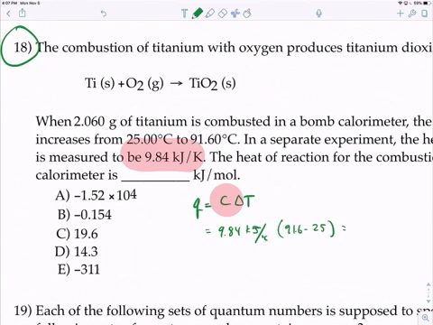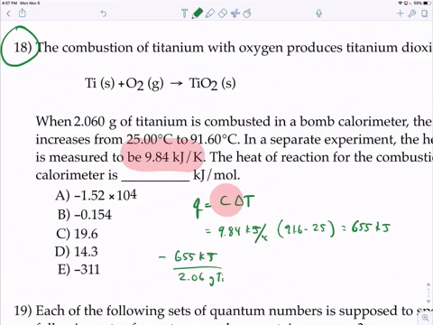So we get our heat flow first: 91.6 minus 25 times 9.84. I'm getting 655 kilojoules. So this is 655 kilojoules per 2.06 grams of titanium, and it's releasing heat.